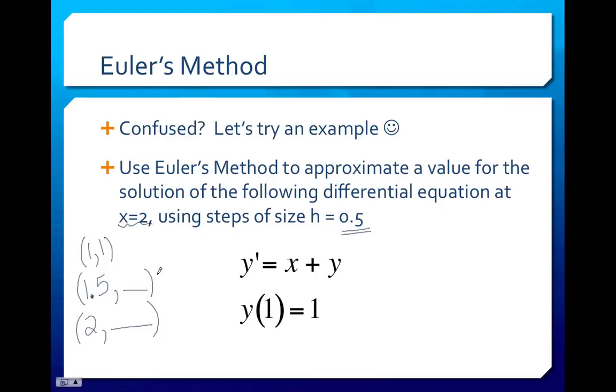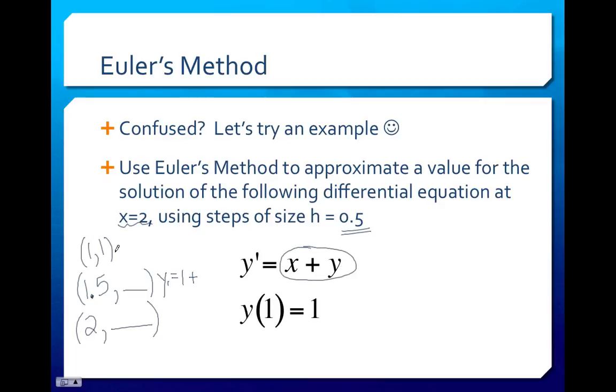So for this one, using the formula, my new y value is going to equal my previous y value, 1, plus the slope evaluated at my previous point. My previous point is 1, 1. My slope rule is x plus y.